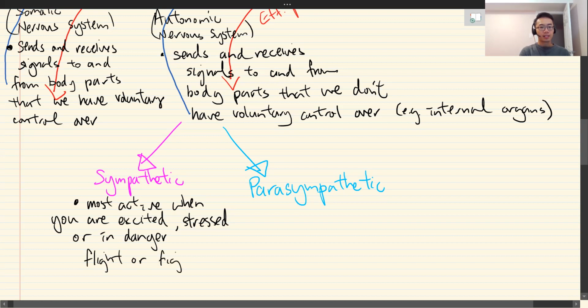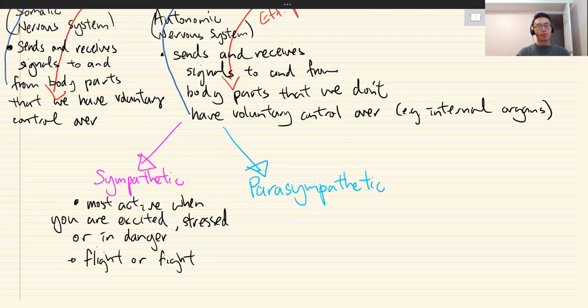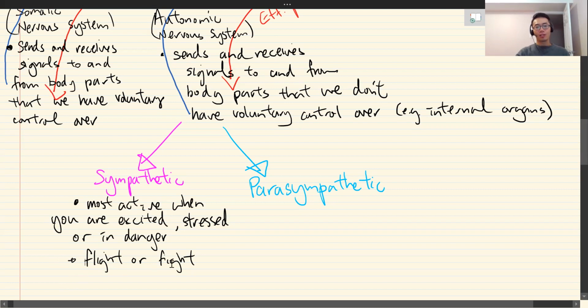Flight or fight. So in lecture I said, if an angry dog is running towards you, you have two options. You either run away, flight, or you fight the dog. The sympathetic system is going to be most active during that time to help you achieve running away or fighting the adversary.